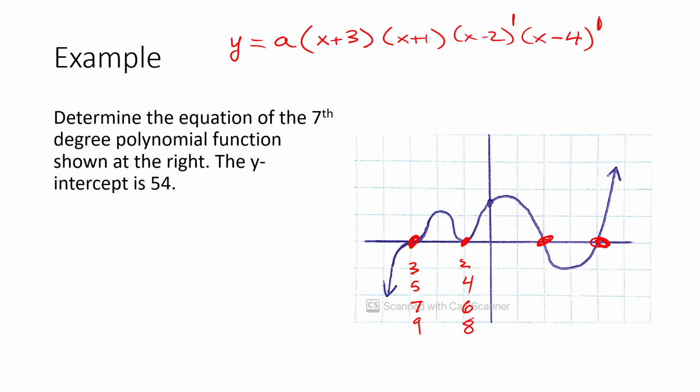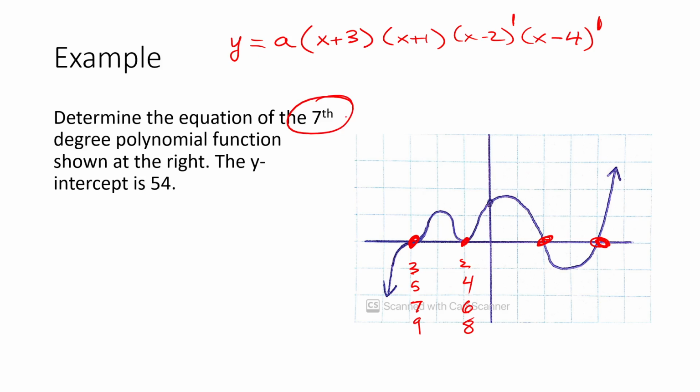And all we know by looking at what looks like the vertex of a parabola at x equals negative 1 is that it must be an even degree. Well, keep in mind that it's a 7th degree polynomial.